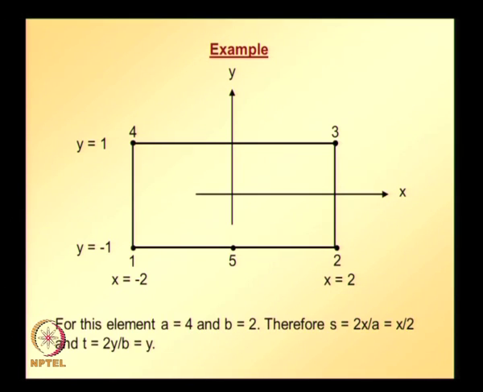For this element, A is equal to 4 units, B is equal to 2 units, therefore, S is equal to x over 2 and T is equal to y.